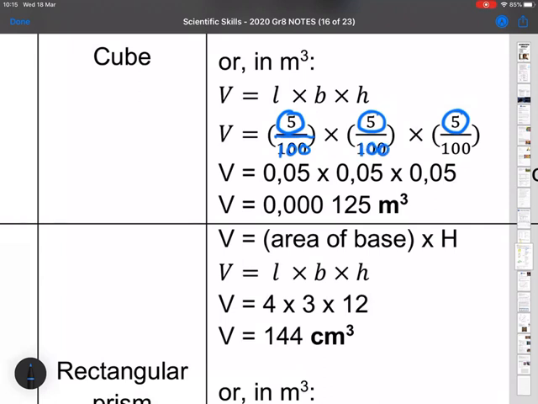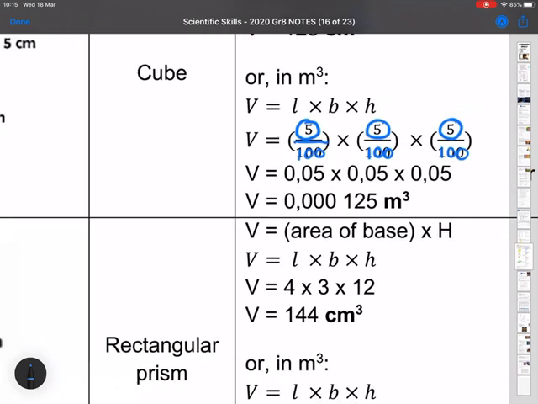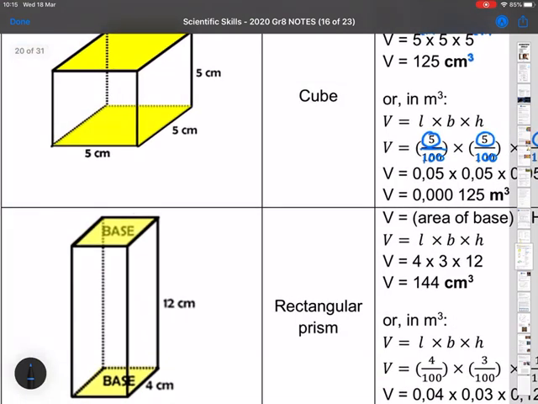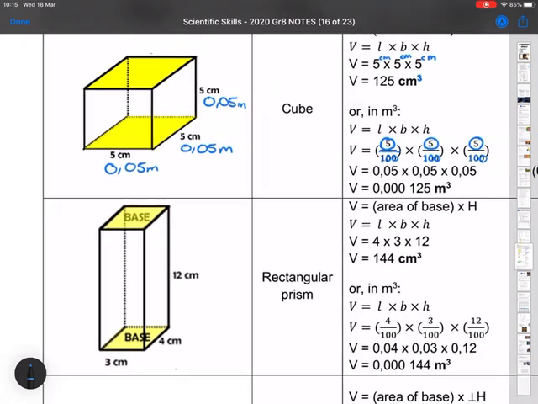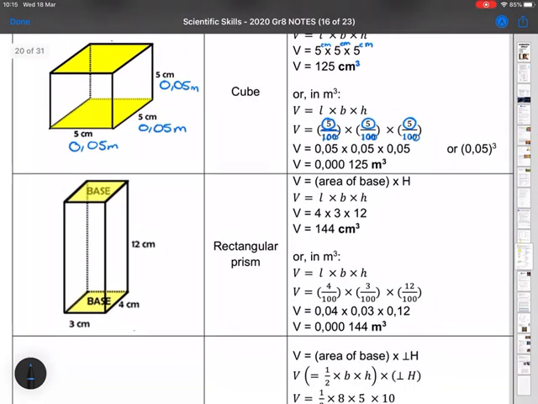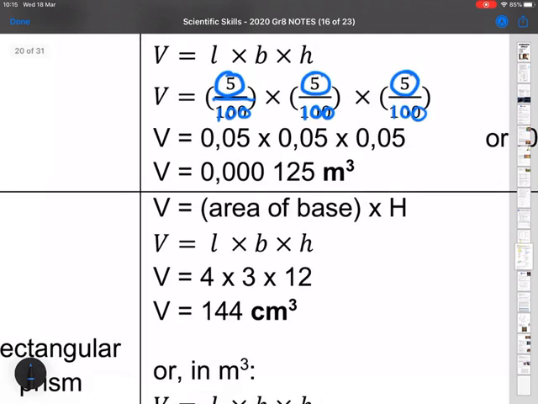So what that actually means is that the length of each side is 0,05 meters. And 0,05 times 0,05 times 0,05 will give us 0,000125.